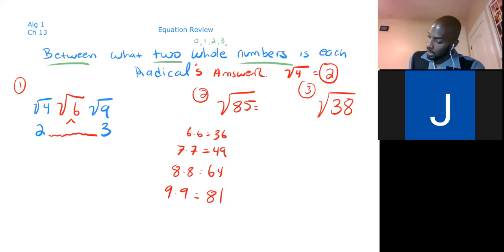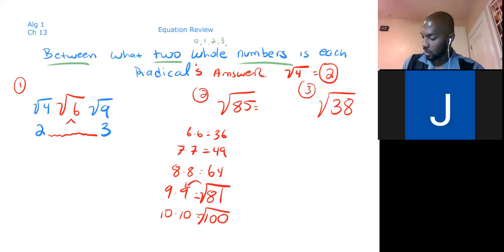Oh, I'm sorry, that's too low. It's between 81 and 100. The radical of 81 gives us 9, and the radical of 100 gives us 10. So it's between rad 81 and rad 100.